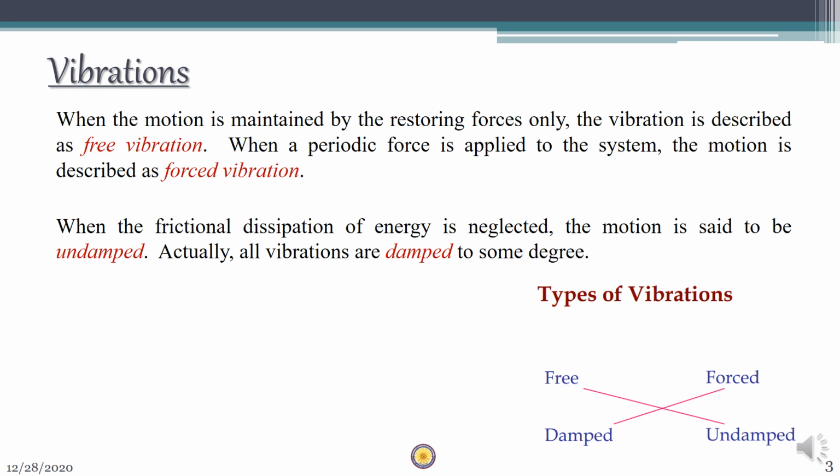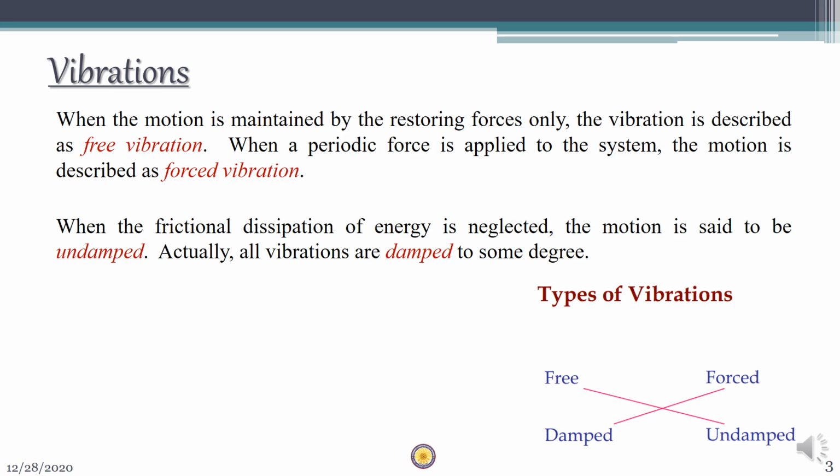The motion can be either damped or undamped. Basically all vibrations are damped to some degree unless they are in a completely vacuum space. So there are free and forced vibrations, and similarly damped and undamped vibrations.